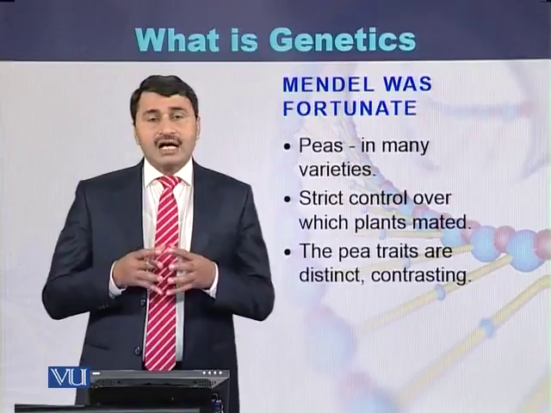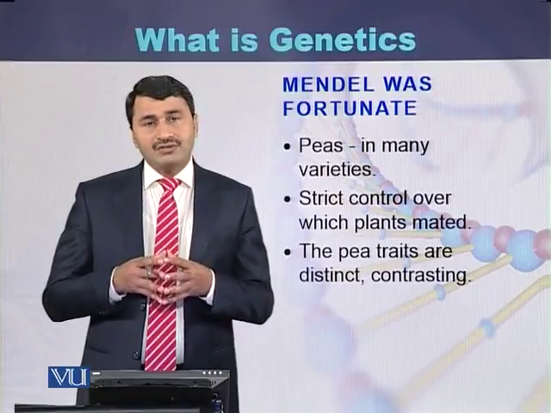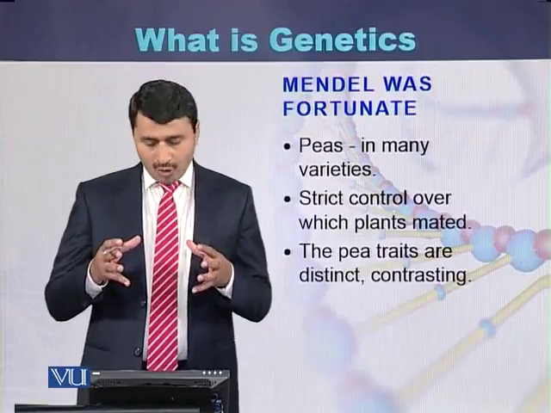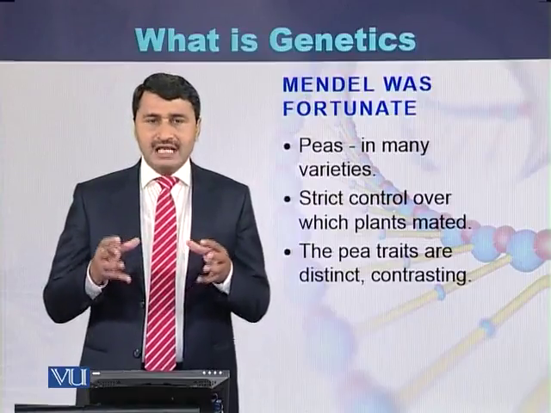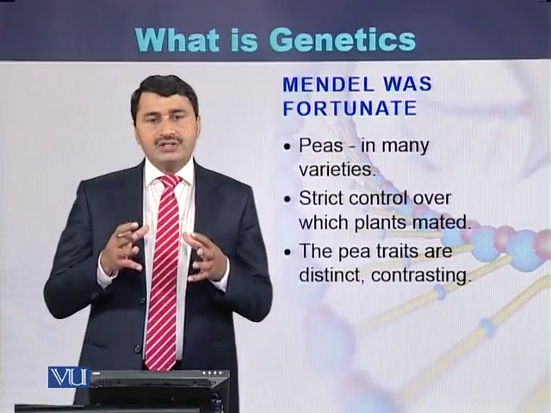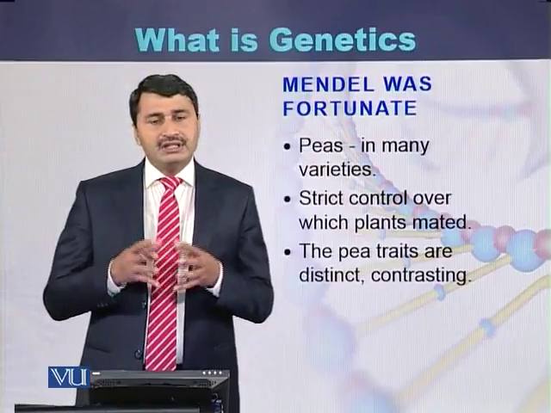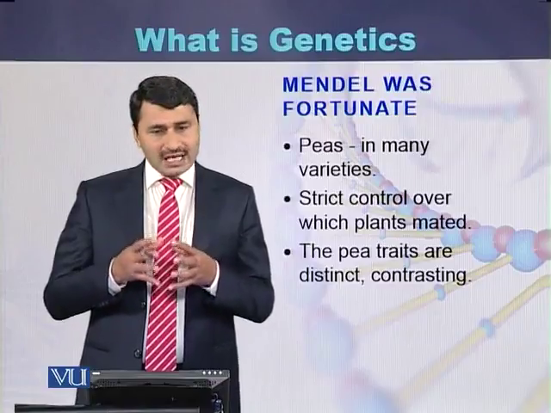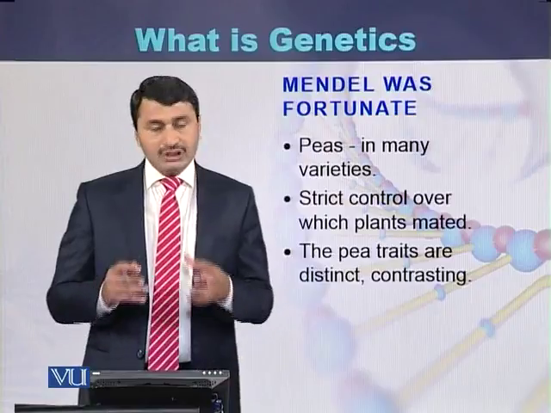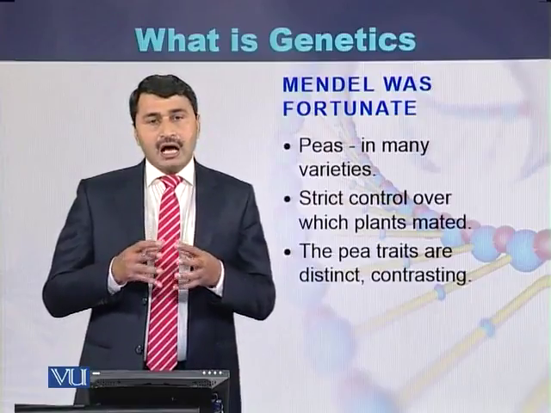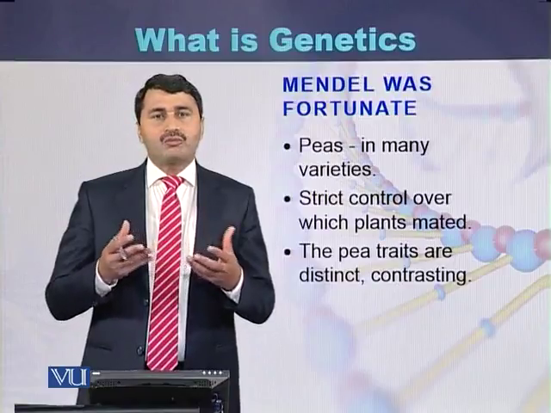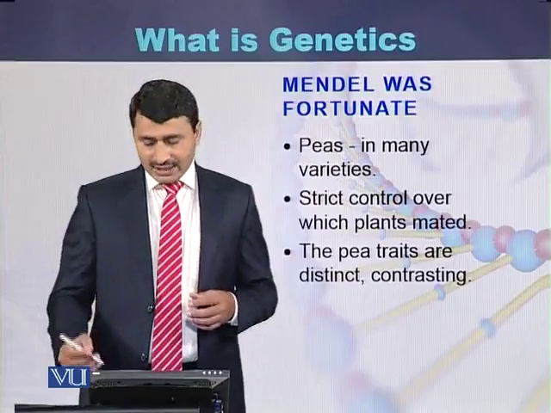When Mendel was performing the experiments of genetics, he had strict control over the different plants that he mated, as well as the traits of the garden pea. They were clearly contrasting and distinct from each other. So these were the major properties that helped Gregor Mendel in the formulation of the laws of heredity.